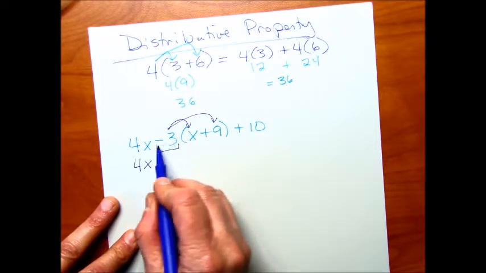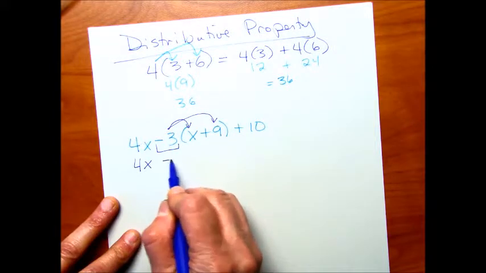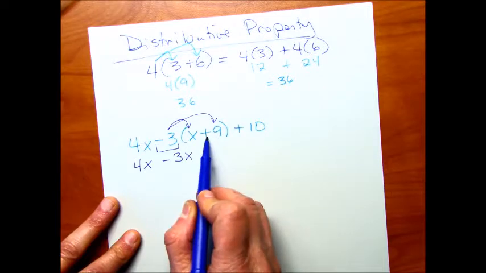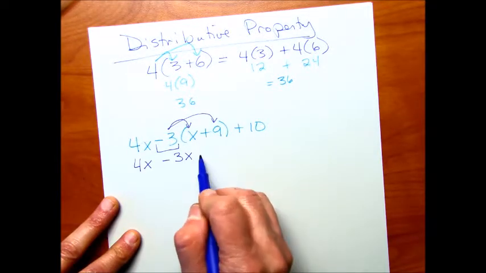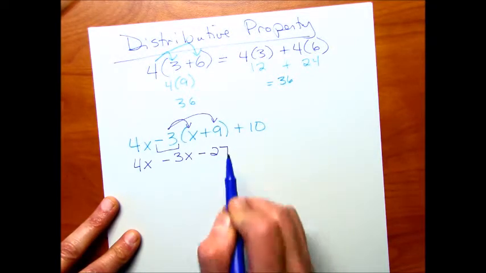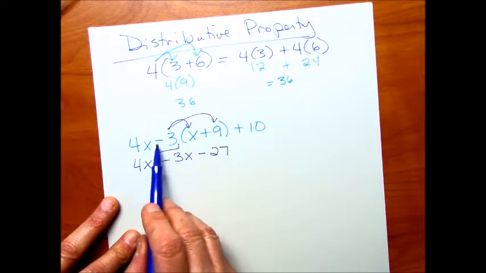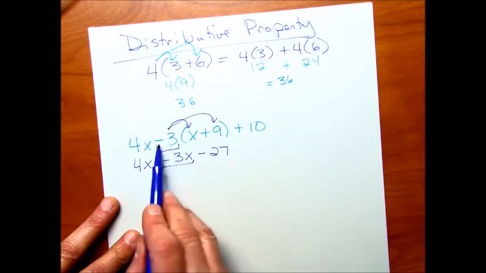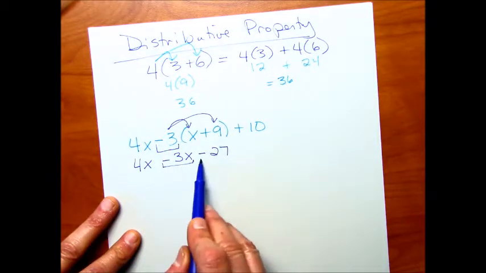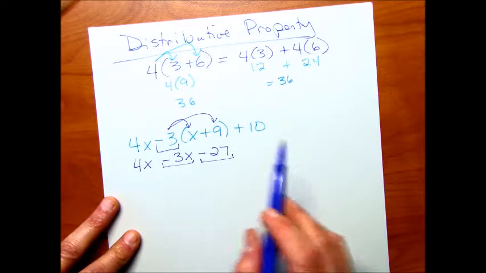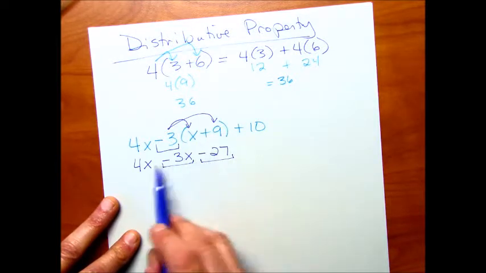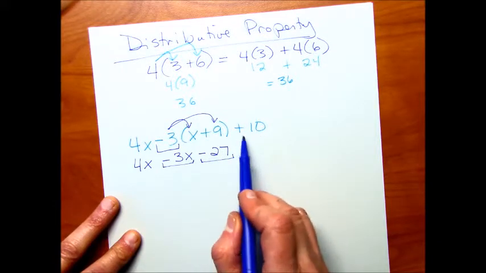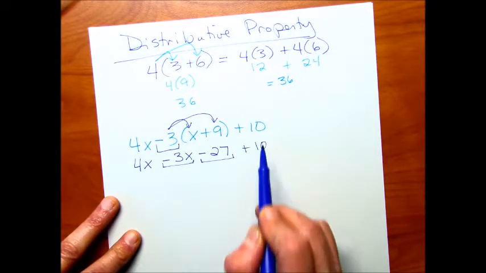So we're going to have -3 times x, which would be -3x, and then -3 times a positive 9, that's going to give us a -27. Now we've eliminated those parentheses, and you're going to see that we're going to be able to combine like terms a lot easier. I'm going to bring down the 10.